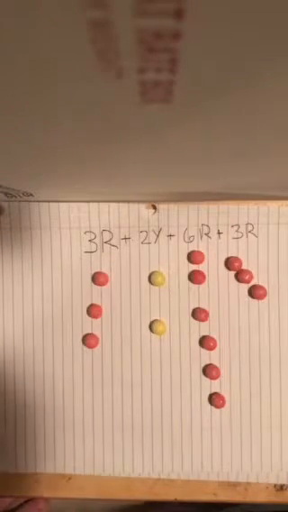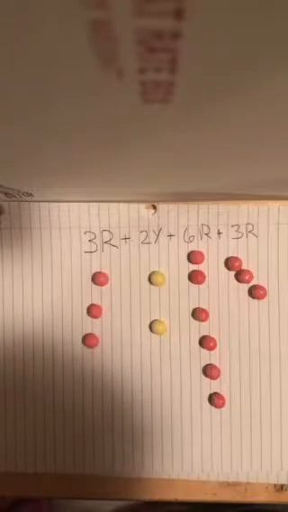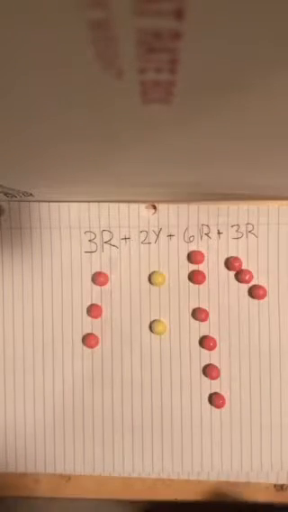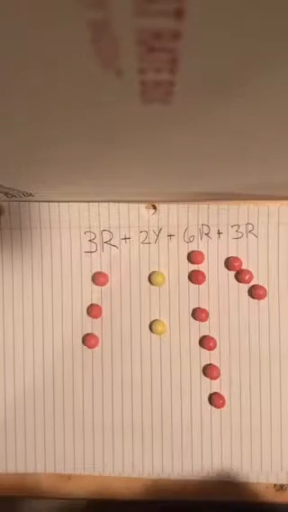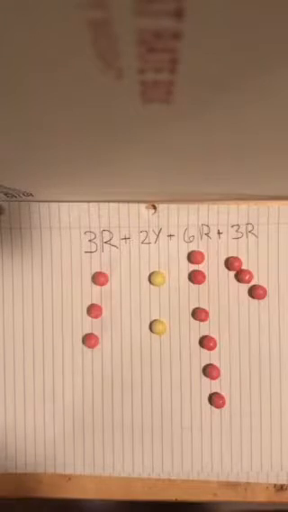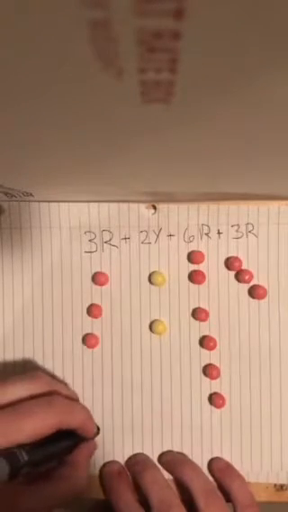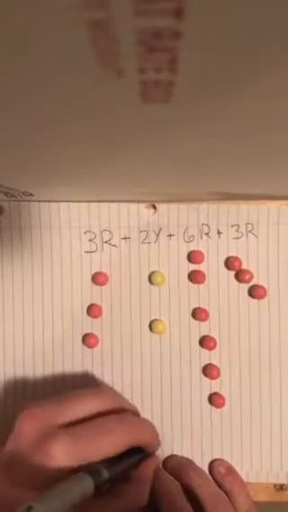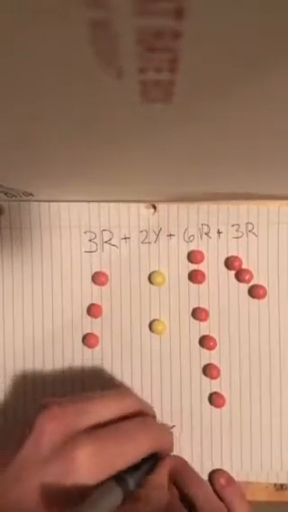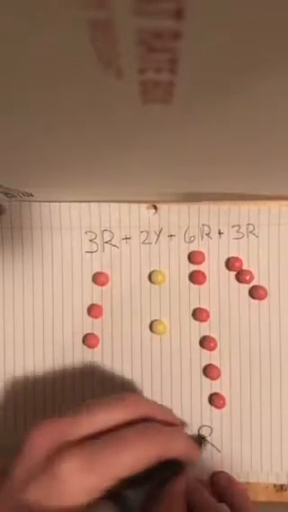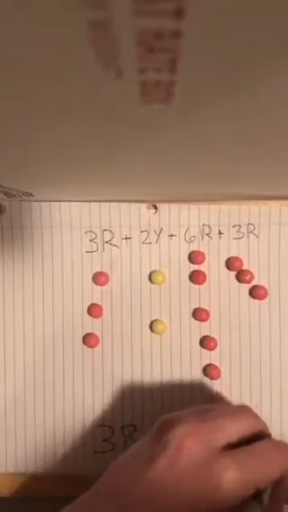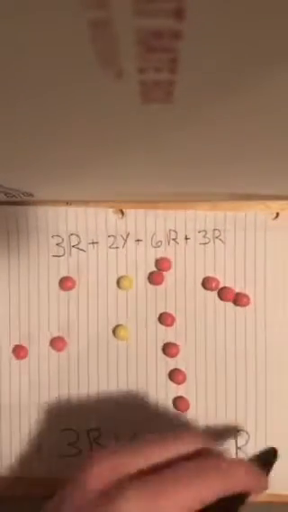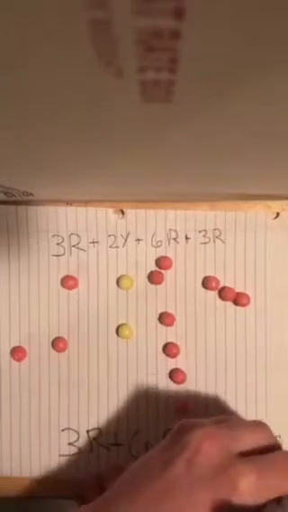Now that we have our candy strategically placed, we can now begin combining like terms. So right off the bat, I would like to rewrite this problem in terms that we can better understand. And so what I like to do is I like to get all of my alike terms set up next to each other. 3r plus 6r plus 3r plus 2y.